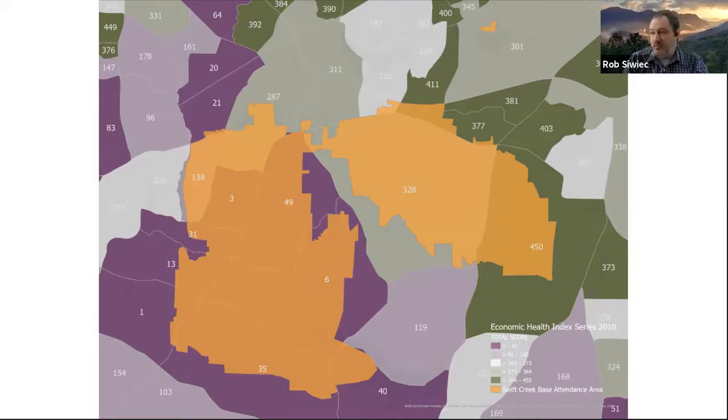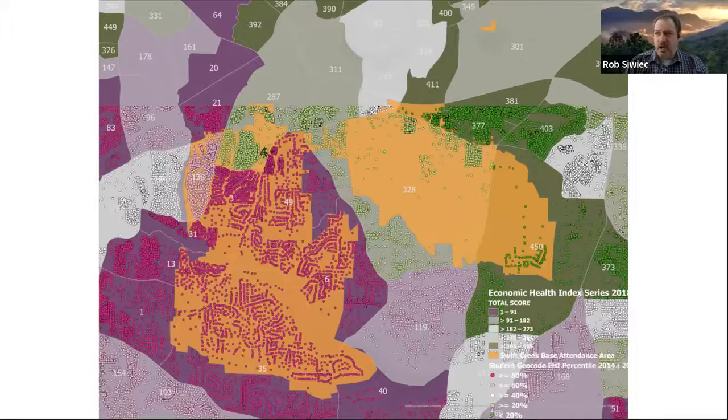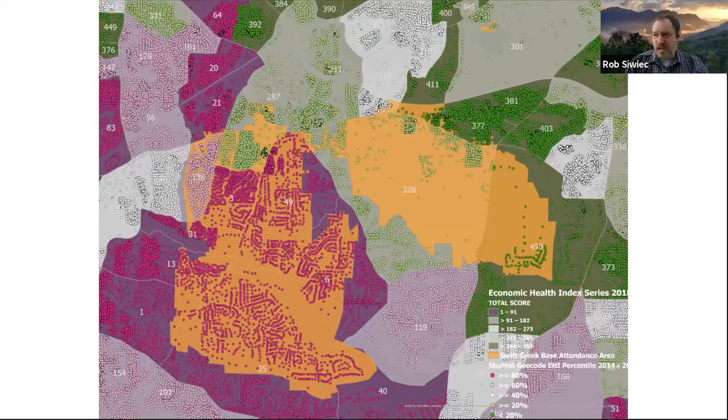So you can see Swift Creek lies in some of the most economic healthy block groups in the county, and some of the least healthy. You have number 1 and 450 right in that same base attendance area. Here are those students, again, where they reside by block group, but also who resides in that base attendance area by score.